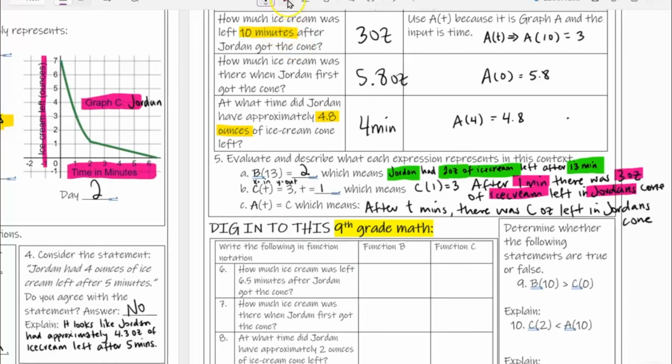Again, using the three things, I'm going to use a different highlighter to show you. You just have to have the three things: my input, x, my output, y, and the person and the situation. Just put it in a sentence.